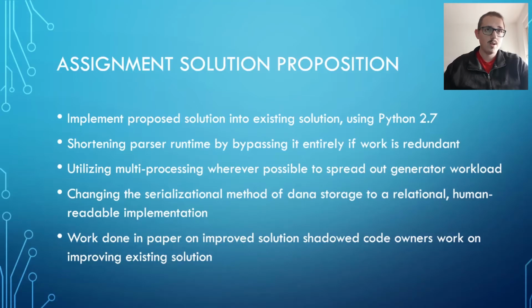So shortening its runtime was done by bypassing it entirely if the work became redundant, and utilizing multiprocessing, meaning decomposing work wherever possible, and changing the serialization method of data storage to a relational, human readable database implementation.